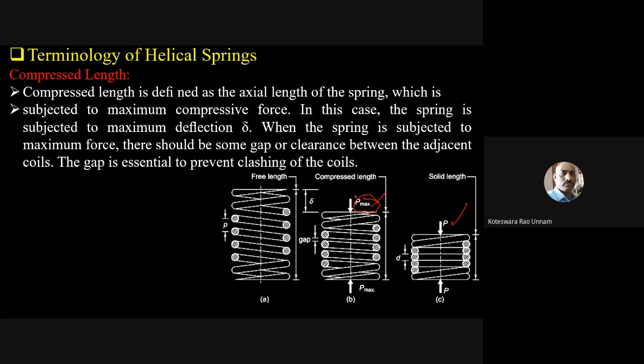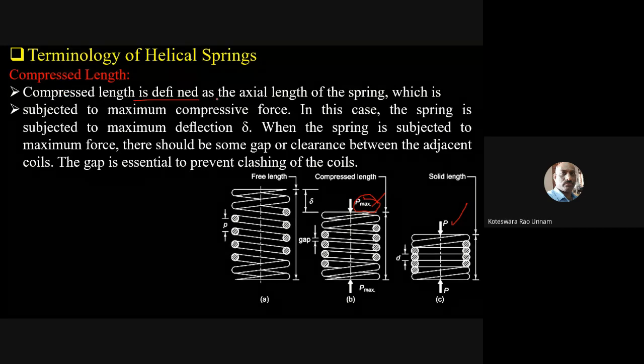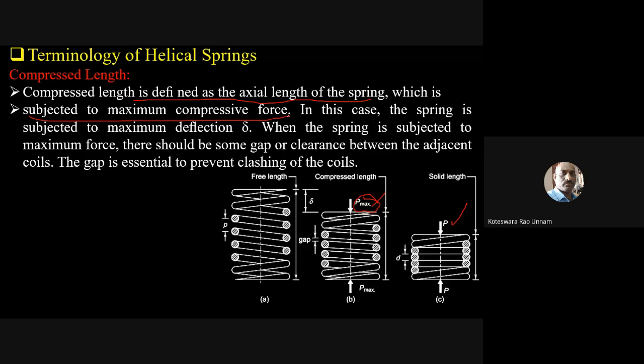This is the maximum possible compression allowed in the spring, that is, for maximum allowable load P max without permanent deformation. The length of the spring in the compressed state when P max is applied is what we call the compressed length.